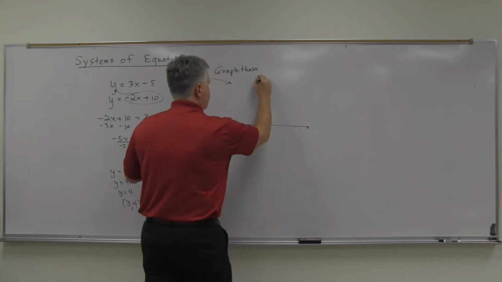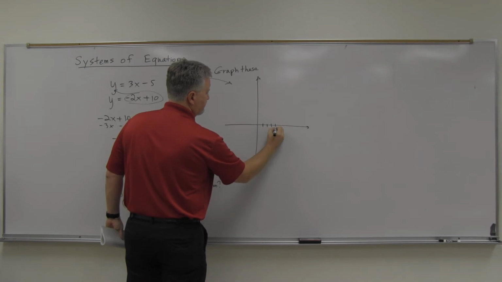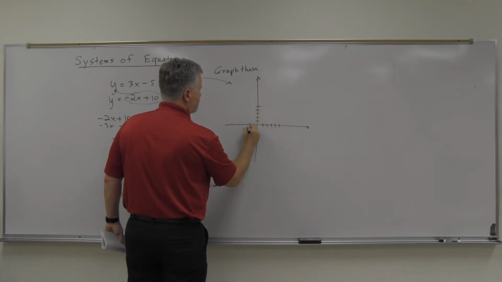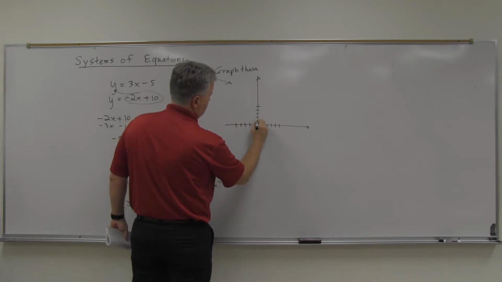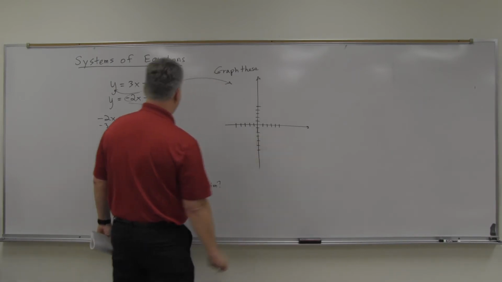Draw a pretty good XY axis here. So we got 1, 2, 3, 4, 5, 1, 2, 5. Straighter. So this will work out pretty good. Hopefully it'll work out pretty good.